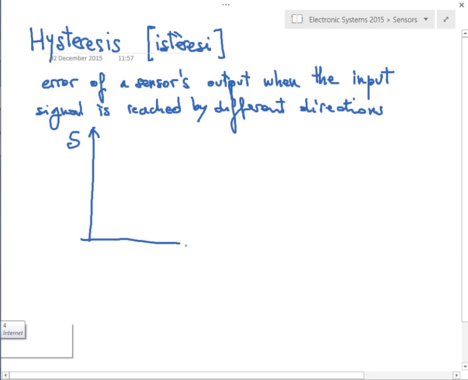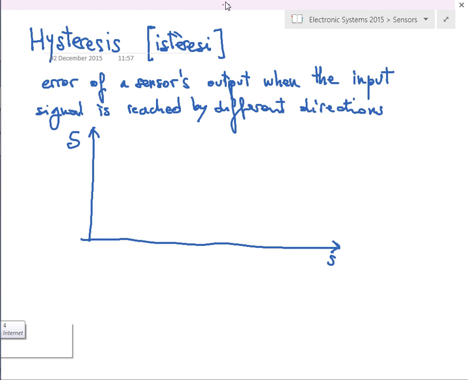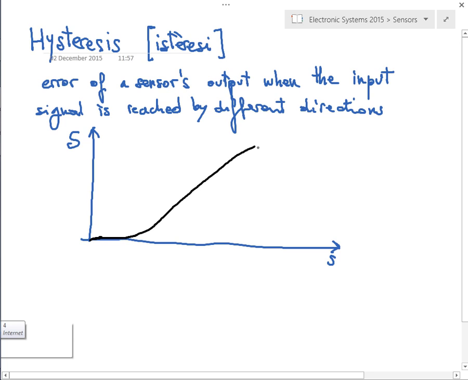Example, this is the output, this is the stimulus. It's much more common than one would expect, the hysteresis. And then this situation typically has a sensor. If S is increasing, the transfer function goes like that. But then if we go here and then reduce the stimulus, the transfer function does not pass on top of the previous curve, but it goes the other way.